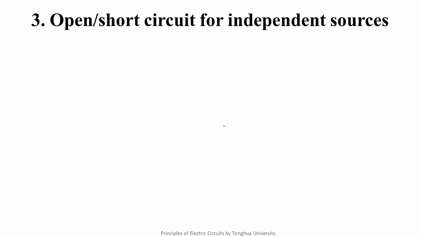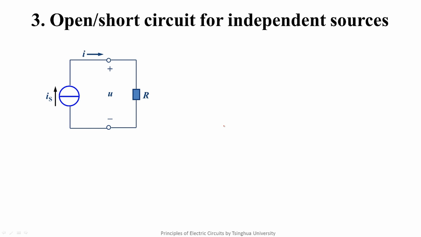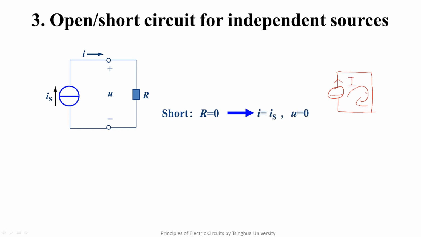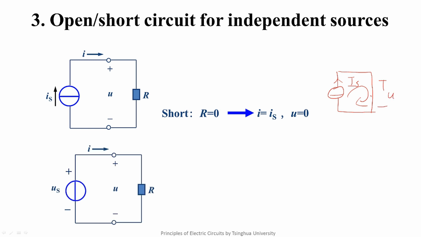Then we discuss the open circuit and the short circuit for the independent source. For the independent current source, we connect the resistor. If it's a short circuit, we draw the circuit here. It doesn't have any problem. The current flows through it, so the current is equal to IS and the voltage is 0 because it is a short circuit line.